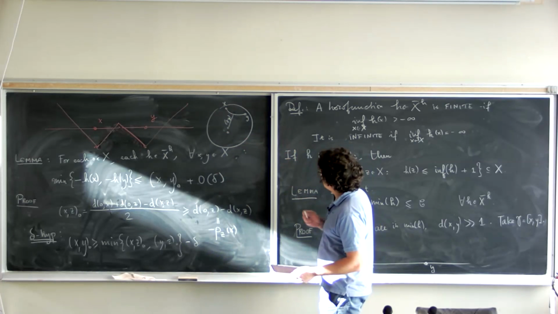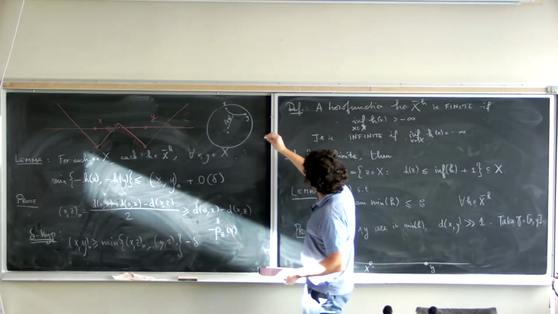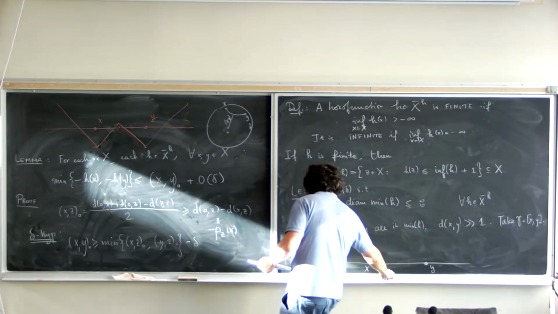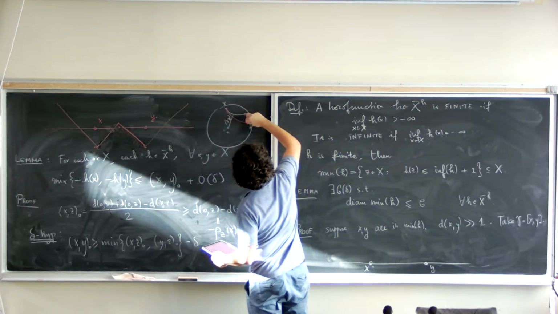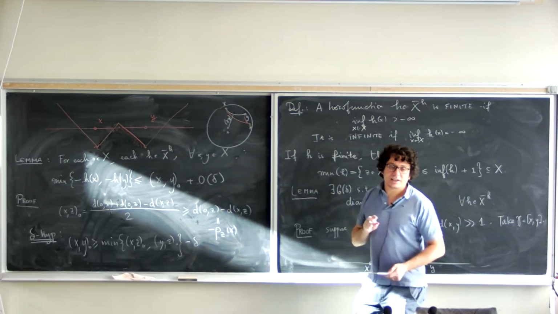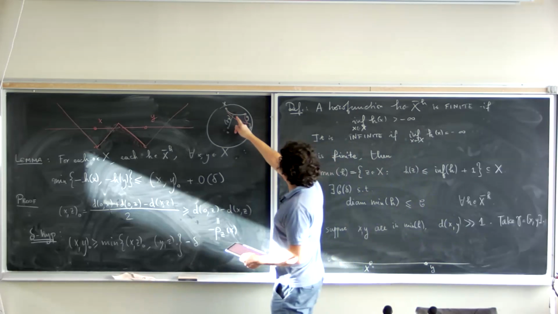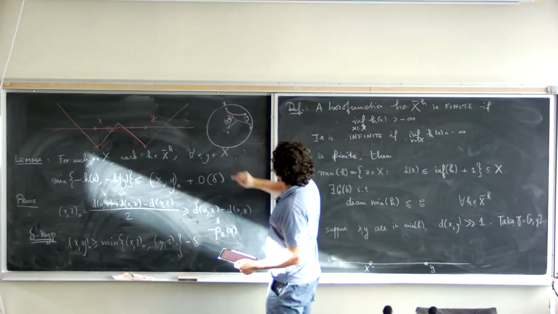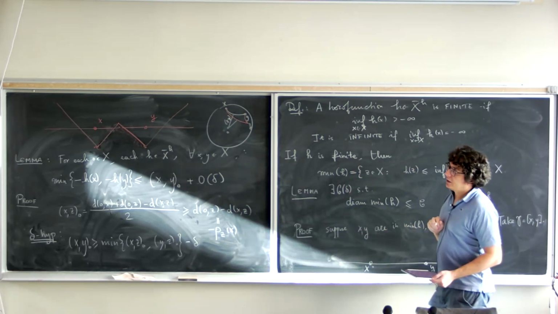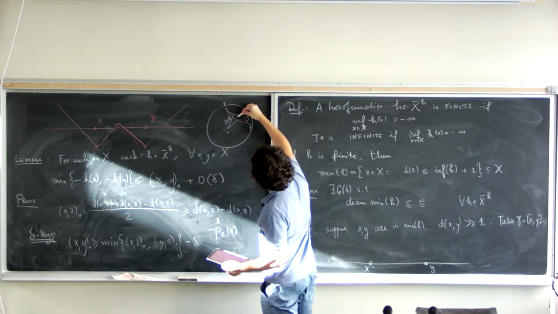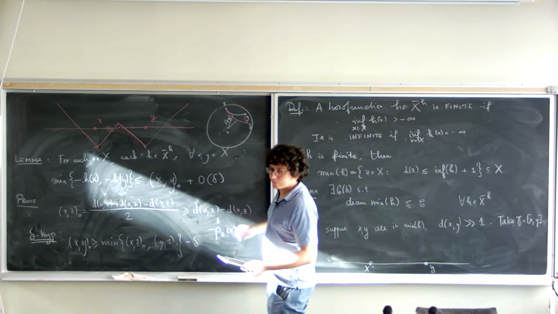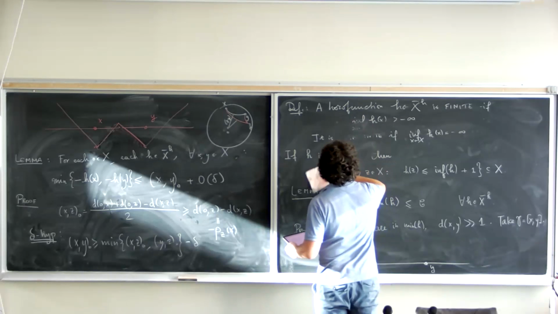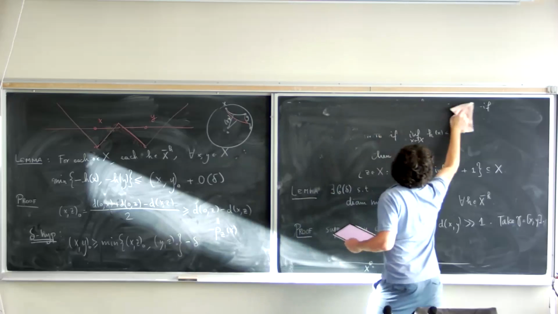So basically, if you take another point Z, and you look at the geodesic from X to Z and the geodesic from Y to Z, one of the two has to be closer to the origin than the white one. And the reason is this triangle is thin, in fact. So this is an equivalent characterization of hyperbolic spaces.